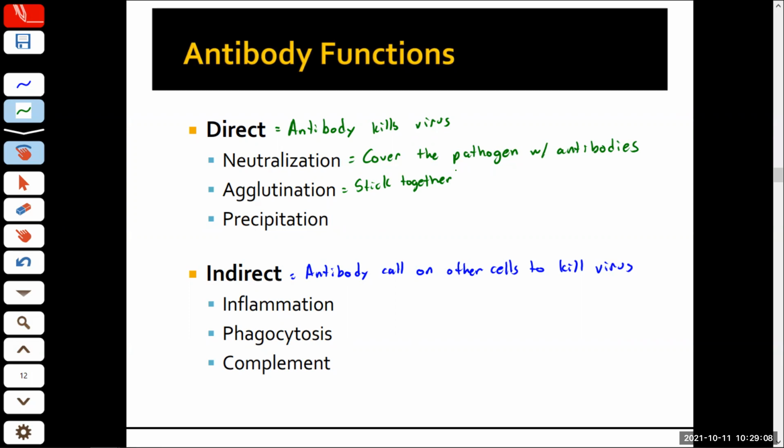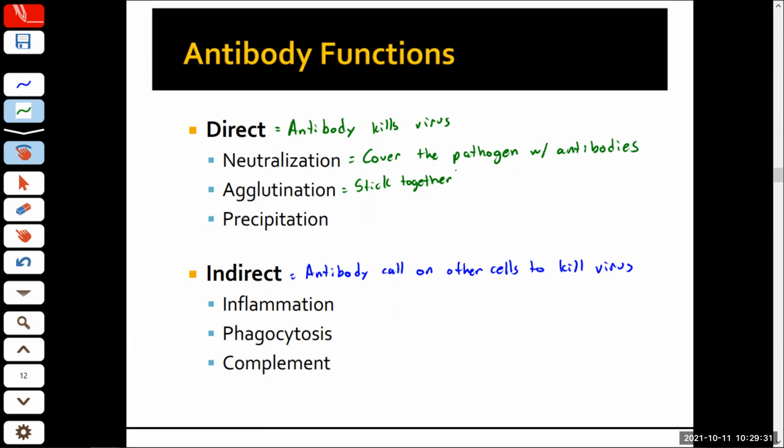If I went crazy and started a fire right here, hopefully you all leave through that door, right? What happens if I super glue everybody's hands together? You're going to get stuck, you're going to have trouble moving, and that puts you at risk for getting burned. If I agglutinate stuff, it's going to cause things to stick together.